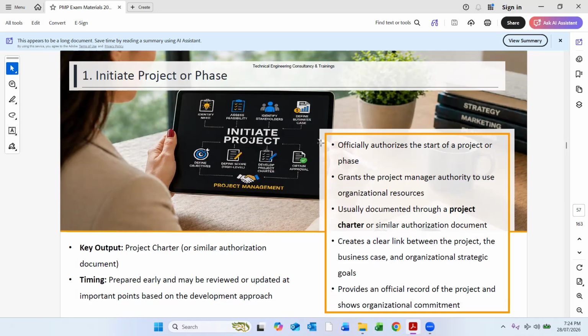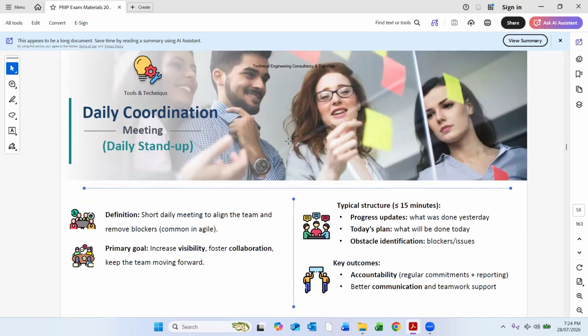So that clearly shows we have a business case aligned with the organization strategic goals. It also provides an official record and shows organization commitment, that is how the organization is committed to deliver that particular project, while the project manager is managing the project throughout the phases of the project.